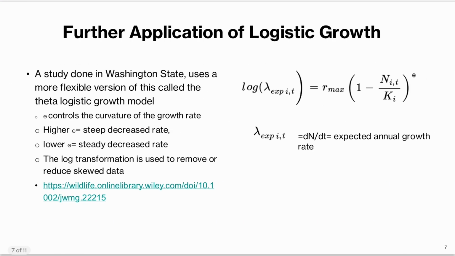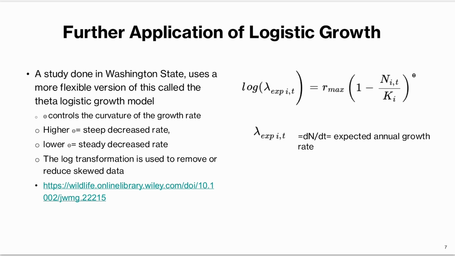A study done in Washington State on the population dynamics of sea otters uses a more flexible version of this called the theta logistic growth model. Theta, which is the little symbol in the right corner of this formula, controls the curvature of the growth rate.